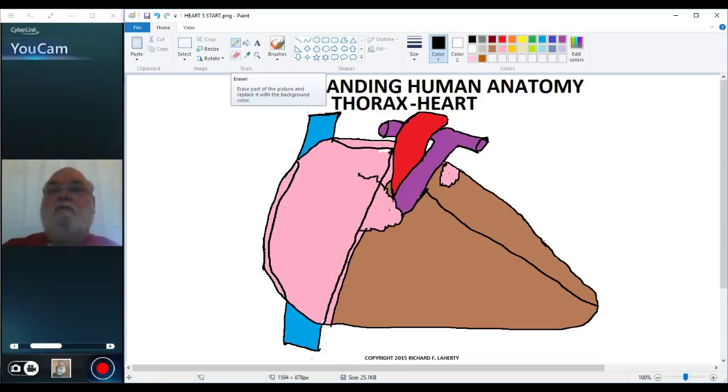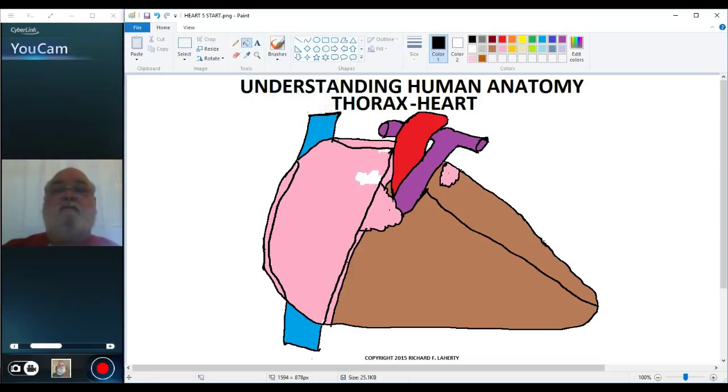And since we're going to simulate cutting it open, I'll just cut that little bit of the wall of the auricle out.